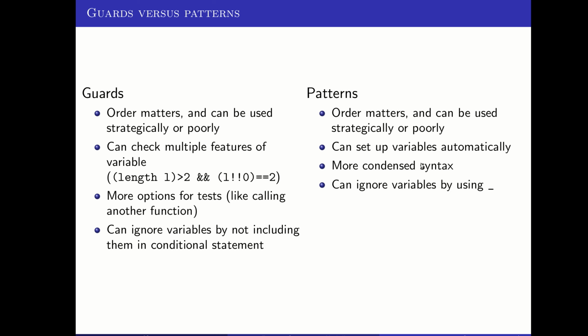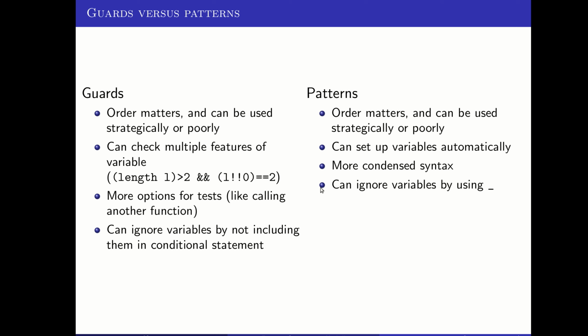It gives us often a more condensed syntax. Again, that example of showing the empty list versus null L or that kind of thing. It can be more condensed in its syntax. And we can ignore variables more explicitly by using the underscore.